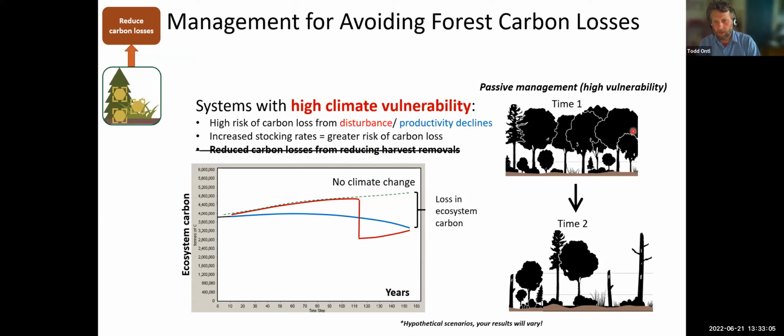And that's being shown here in this cartoon depiction, that we do nothing, passive management under a high vulnerability, we can end up with much less carbon in our system as tree mortality increases and those events occur.